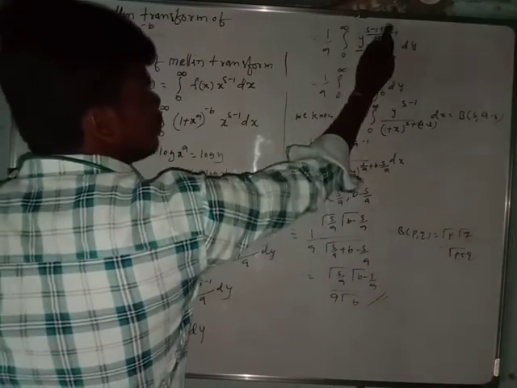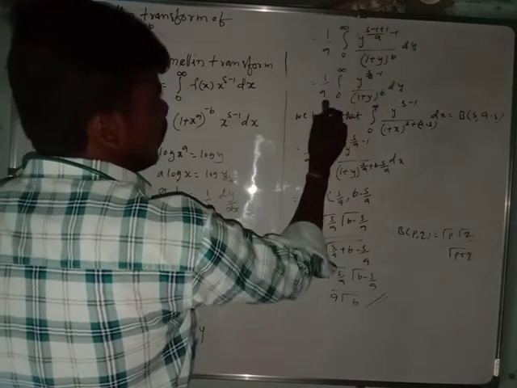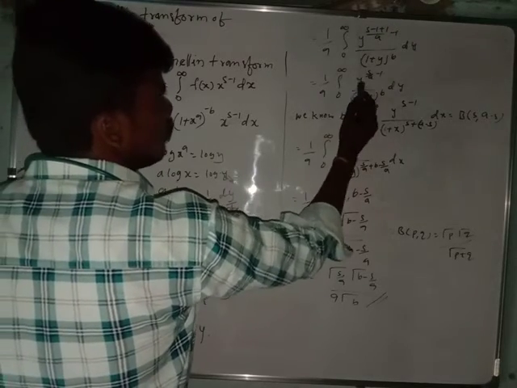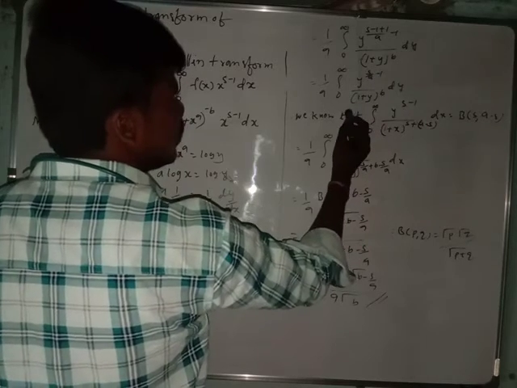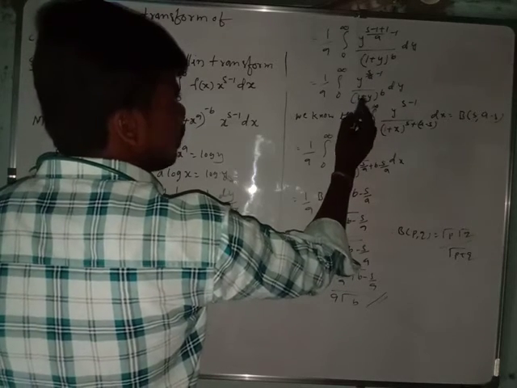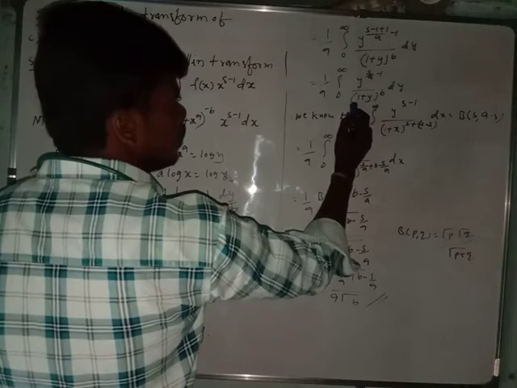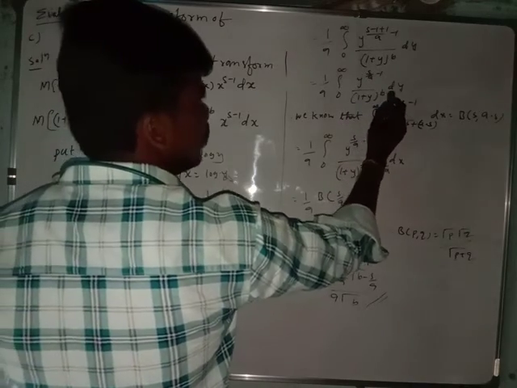Here minus 1 plus 1 cancel out, giving 1 by a times the integral from 0 to infinity of y^(s by a minus 1) by (1 plus y)^b into dy.